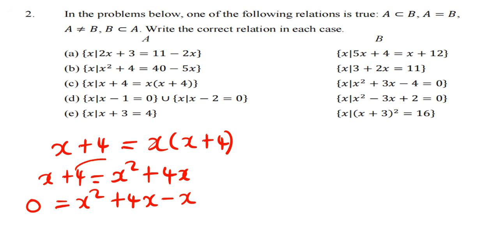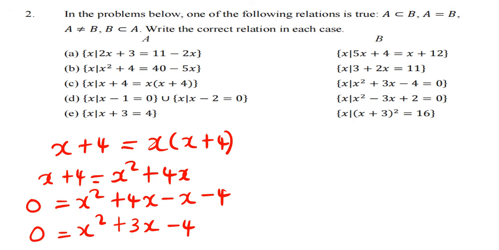When the 4 goes to the other side, it becomes negative 4. I'm going to have 0 = x squared + 4x - x, that will just give us + 3x - 4.